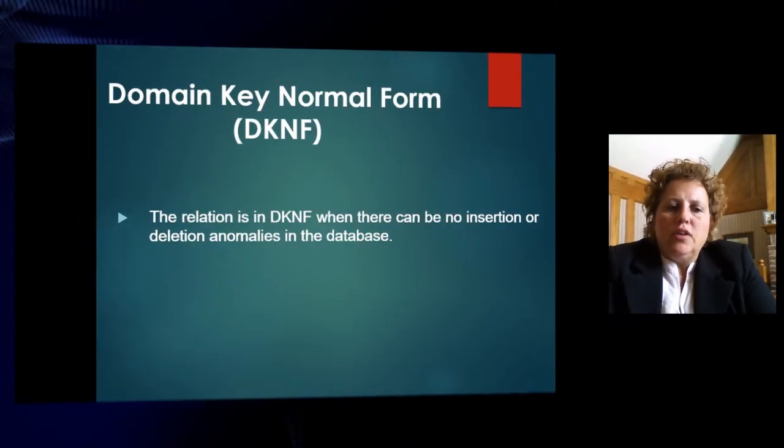And then finally, the domain key normal form, DKNF, is the relation where there's no possibility of insertion or deletion anomalies within the database. So it is so locked down and so restrictive, and the rules are in such play that there is no way that insertion or deletion anomalies can occur within the database.